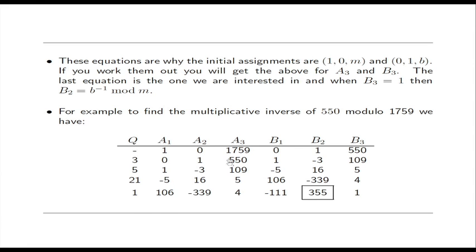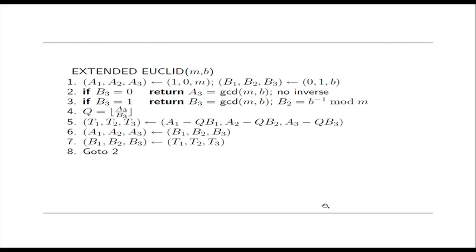We continue until B3 becomes 0 or 1. If B3 becomes 1, then the GCD is 1, and the corresponding B2 is the inverse, B inverse mod M. Okay.